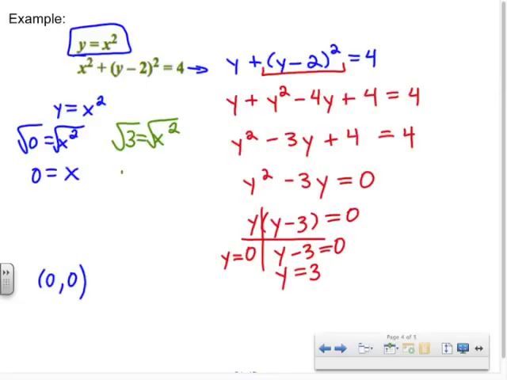So I got two answers there, which means that there are two more points of intersection. It could be the x value positive root of 3 with the y value 3, and the negative root of 3 with 3.